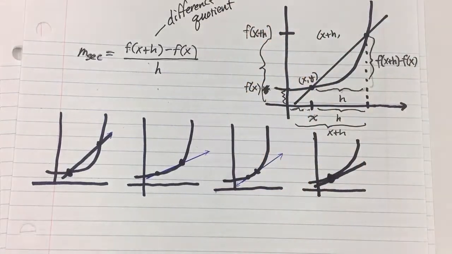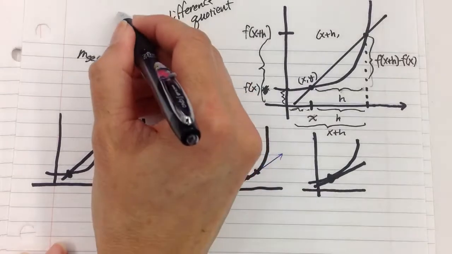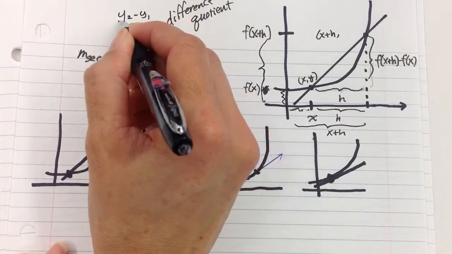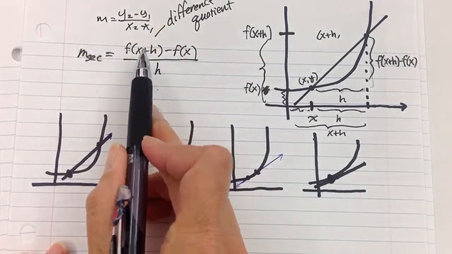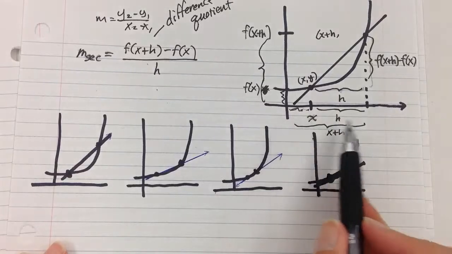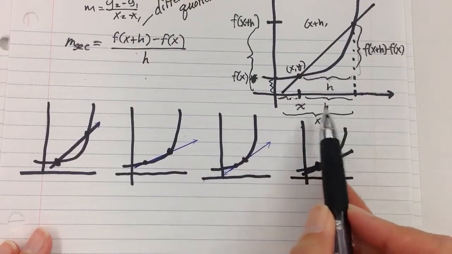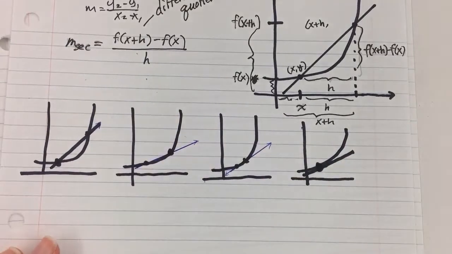It's not some random thing, it's how you find the slope between 2 points, okay, on any line. Think of it as just a different form of y2 minus y1 over x2 minus x1, right? That's all we're really doing. This is my y2, this is my y1, and my x2 minus x1 is x plus h minus x, gives me just the h. Okay.